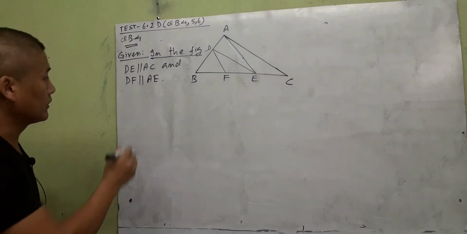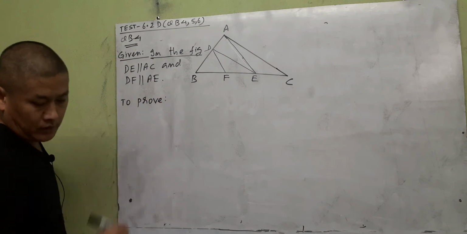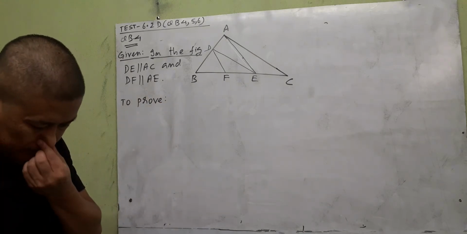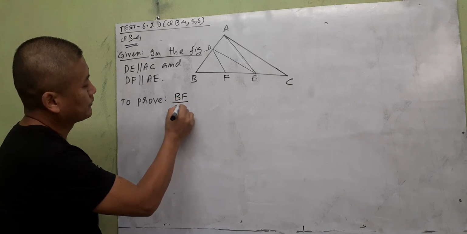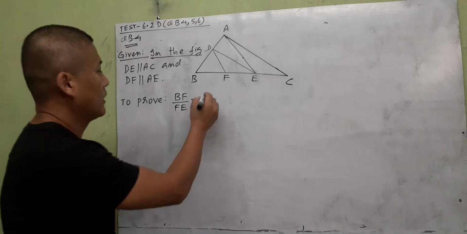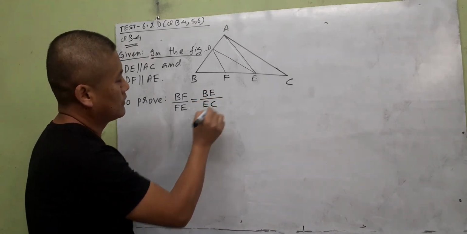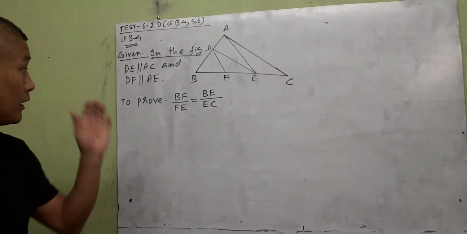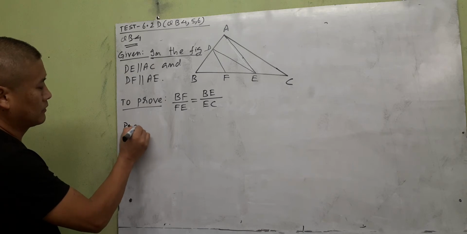With this, we have to prove that BF by FE is equal to BE by EC. So this is what we have to prove. Now, proof means our answer for that.